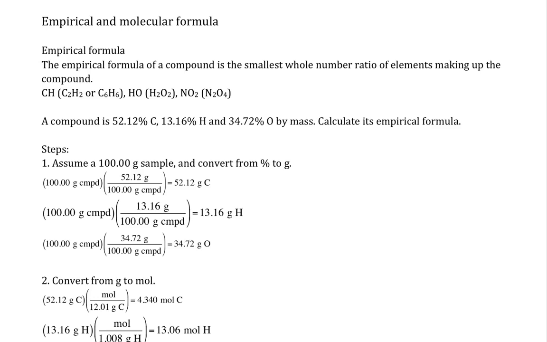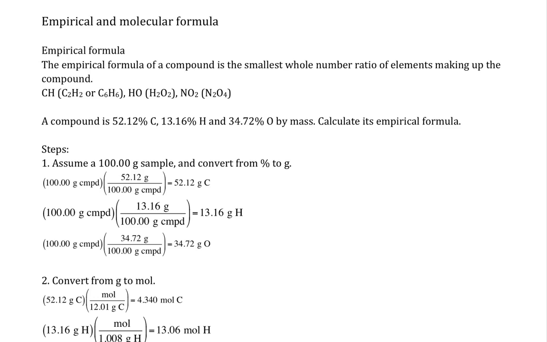The real compound is described by its molecular formula. Molecular formula tells us how many of each of those atoms there actually are in the molecule. The empirical formula is simply the simplest ratio. Another empirical formula is HO. That compound, for example, could be peroxide, H2O2.